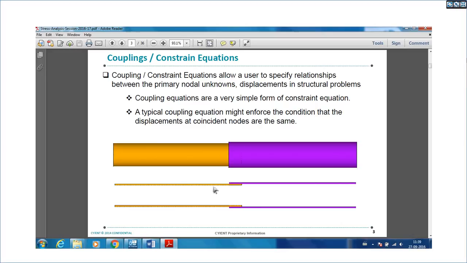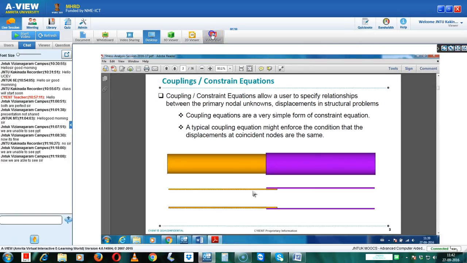When you try to solve a physical cantilever problem, this is one cantilever and it is subjected to a point load. So this should be deformed in this way.